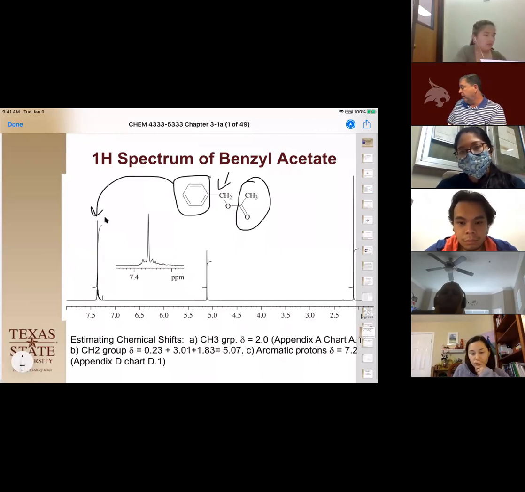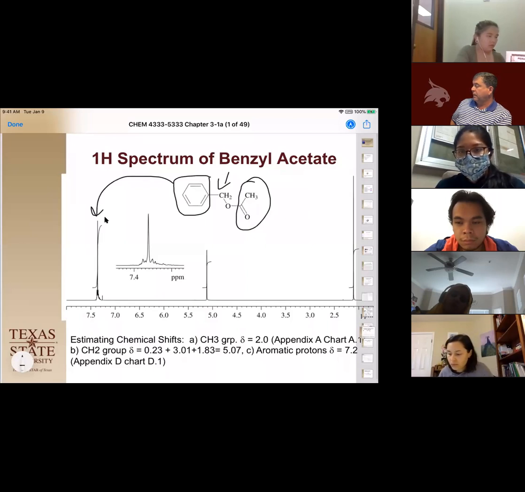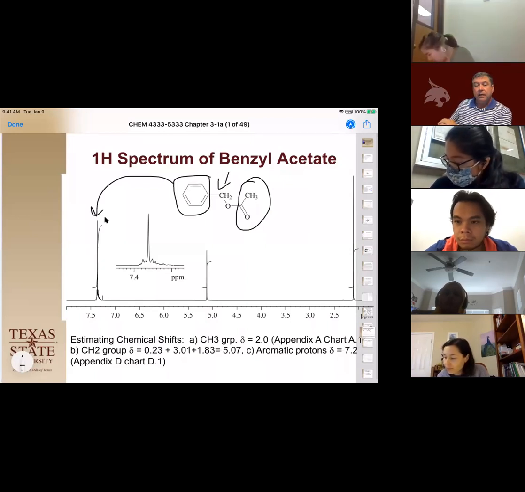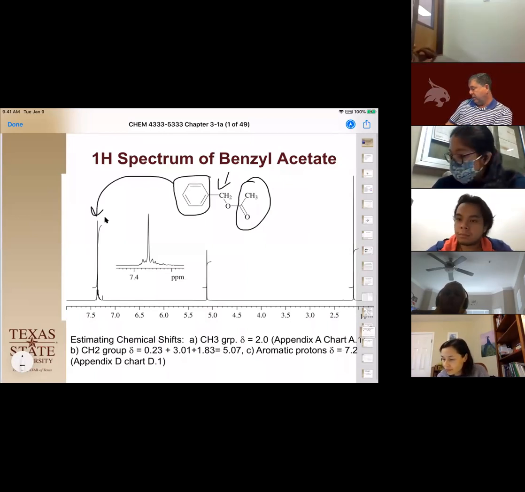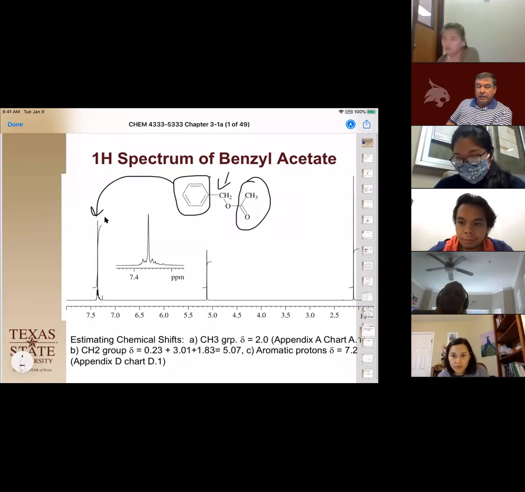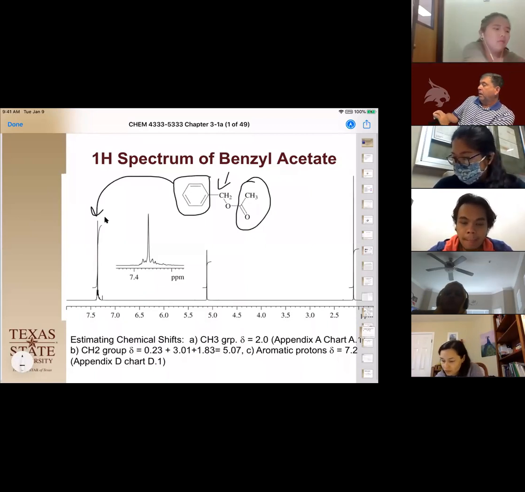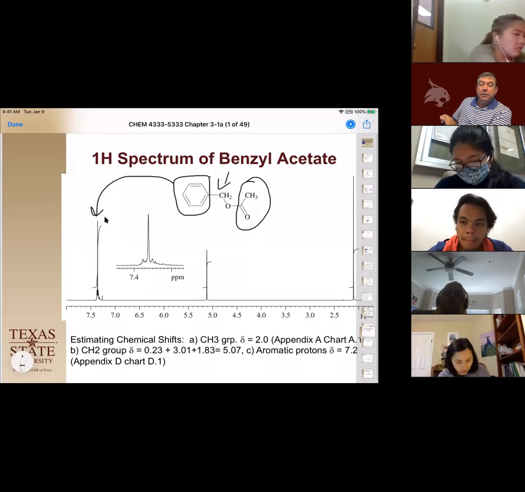And we're going to start with the idea that anything with 2 protons on it is going to start at 0.23. So we're going to start with 0.23 as our shift. And then we're going to say, okay, well, there's a benzene ring added to it. And so that's going to shift it up 1.83 ppm. So we have to do 0.23 plus 1.83.